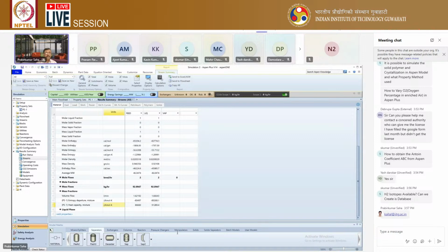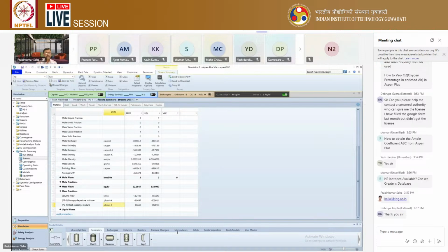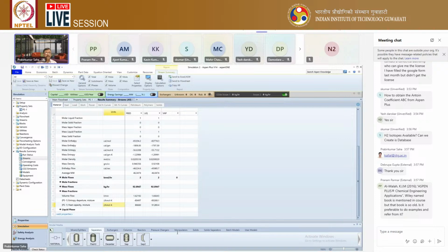S. Kumar, as I told you, the end-to-end coefficient is not needed. I think you are talking about the vapor-liquid equilibria, right? Aspen Plus has the DIPPR database.